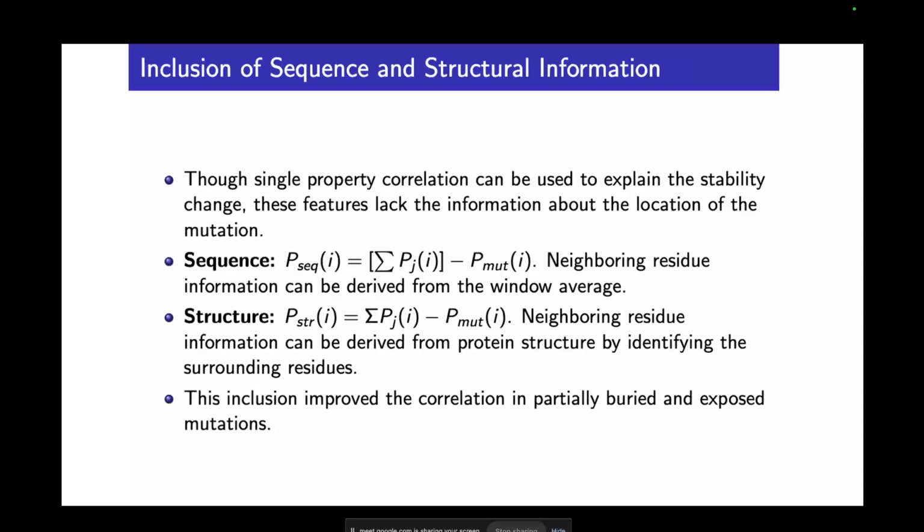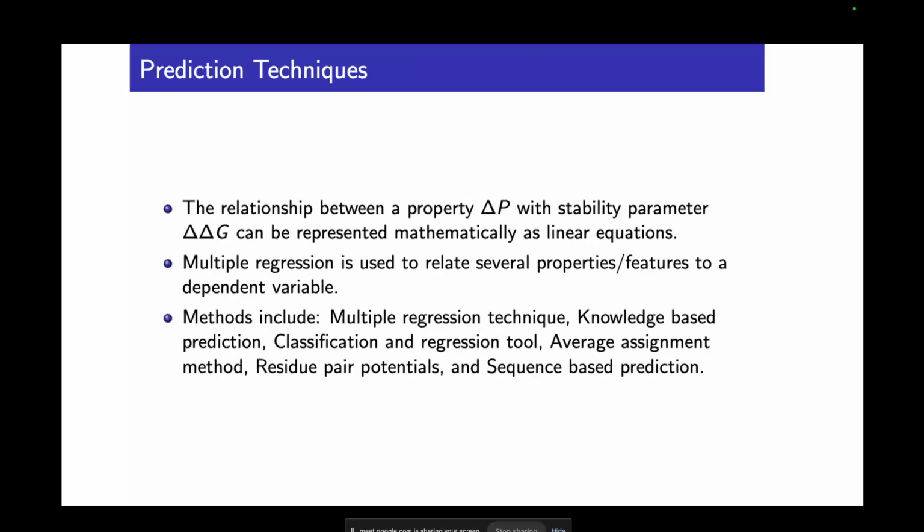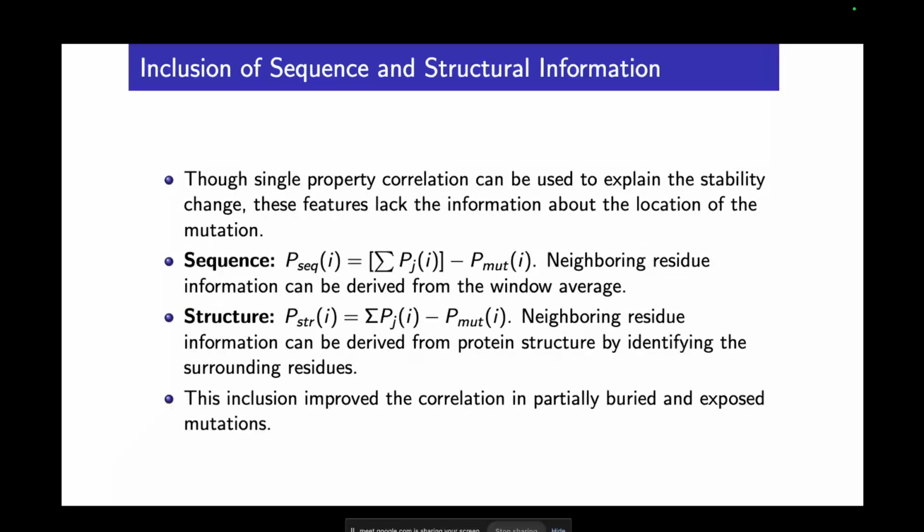Right? On top of all this information, including delta G and other information in terms of stability, hydrophobicity, long range contact, whatever, we can come back to the most basic information, which is the sequence, right? Because the sequence is what is making the structure.